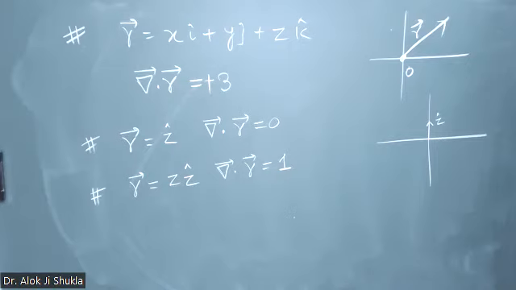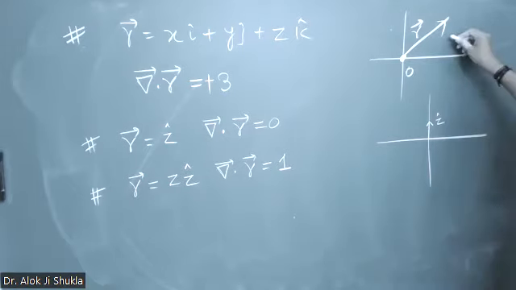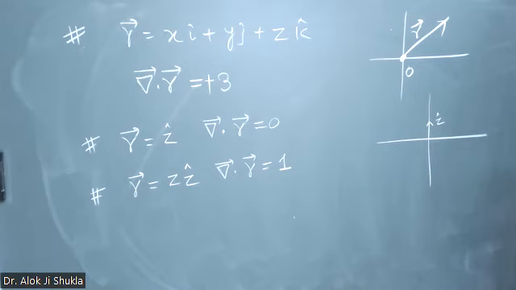And what is z cap? The vector field. So z जैसे ये वेक्टर है, if you take different points x comma y comma z, so for x comma y comma z you have a positive divergence, and for only z cap you have zero divergence, and for z cap you have divergence is equal to 1.